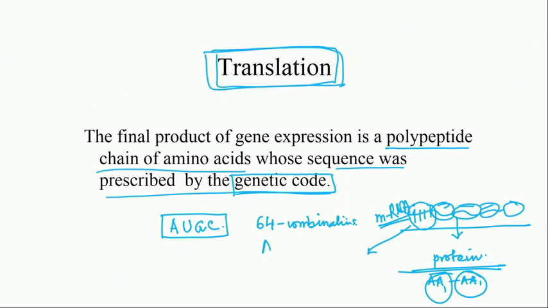Like, suppose one will definitely be A U G, another can be A G C. Then you can change this to A G U, and then you can have A C G. So, in this way, how is the number 64 ultimately attained?